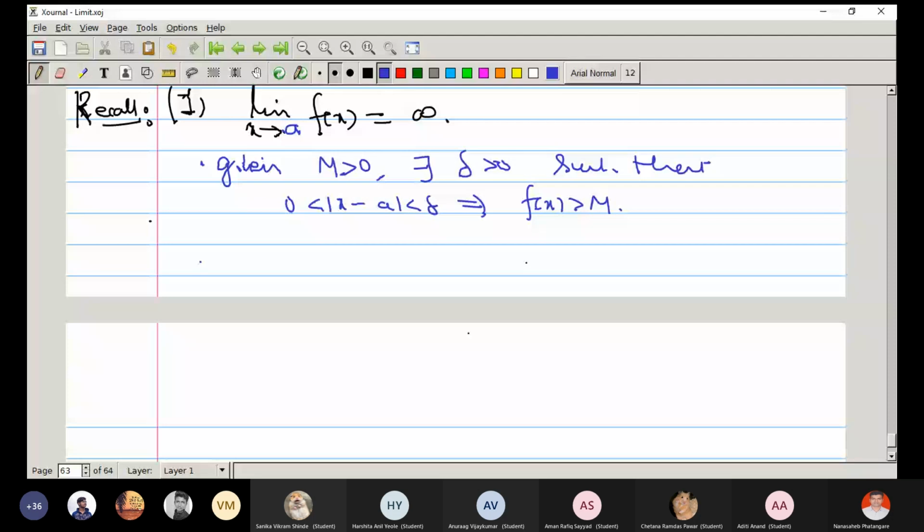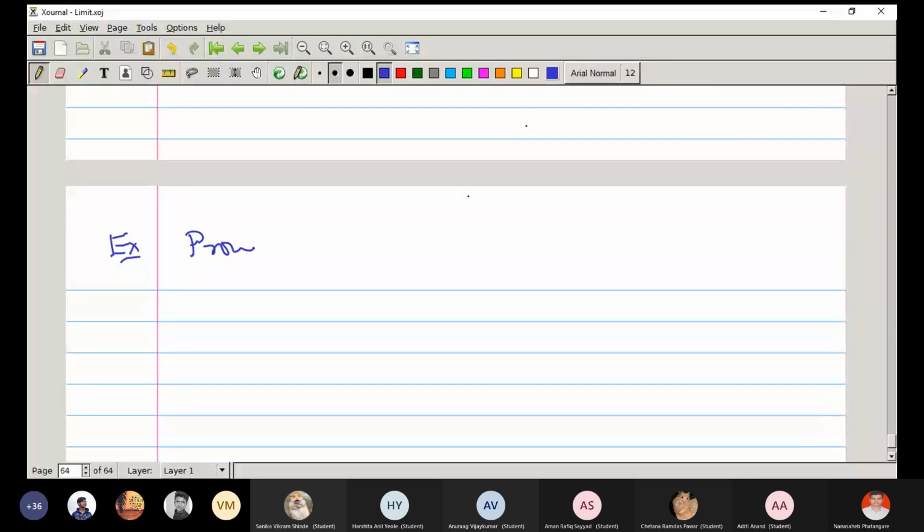So from this, prove that limit x tends to 0 from the right side, f of x is infinity. How to prove this?